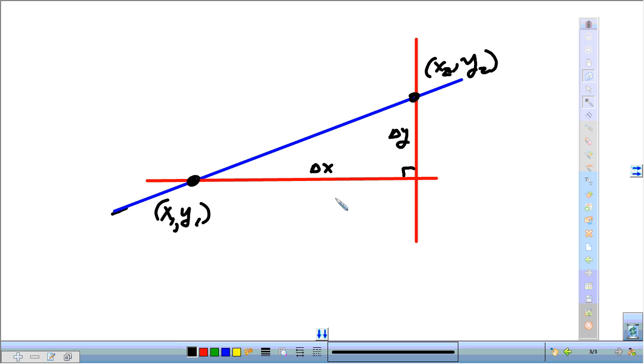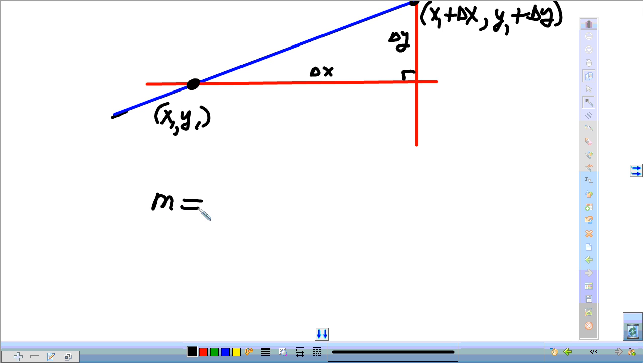On the other hand, we could look at this as starting at a point, and then when we get to the other point, we've added on the changes. So different perspectives. Starting at this point, if I add the change in x and the change in y, I get to the other point.